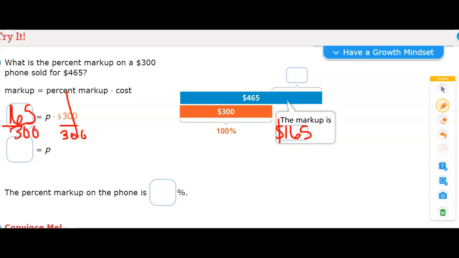And then 165 divided by 300 will give us a decimal, 55 hundredths. As a percent, you move the decimal over 2 spaces, and now we have 55%, and then our markup percent is 55%. That's it.